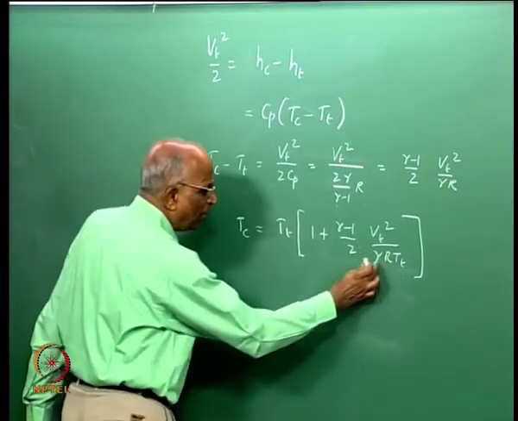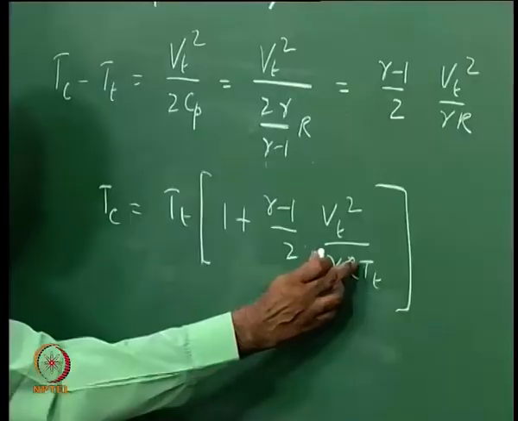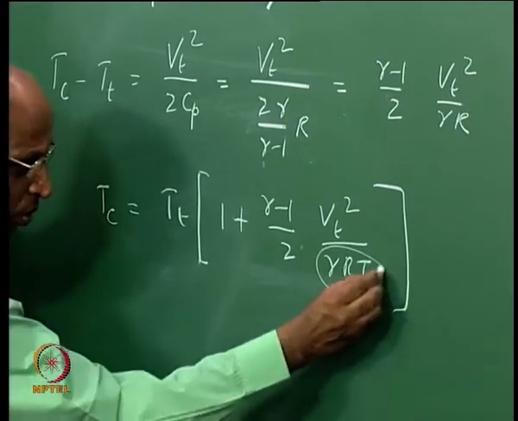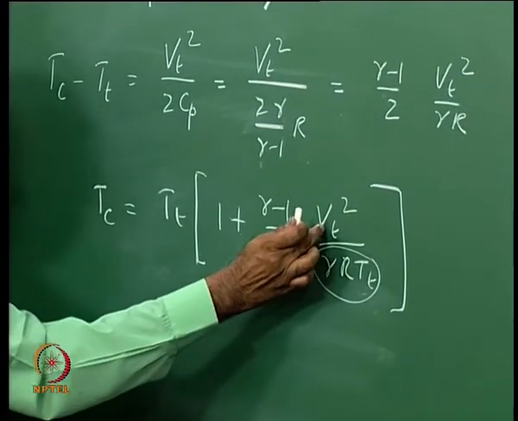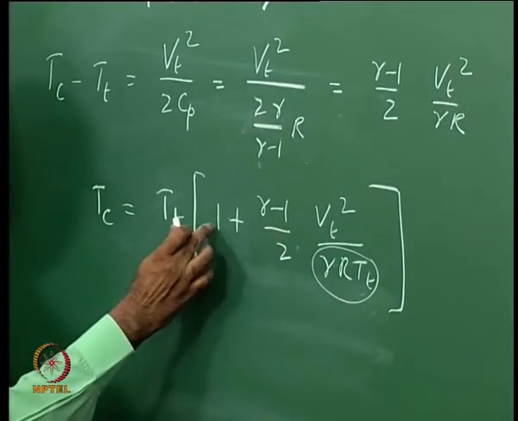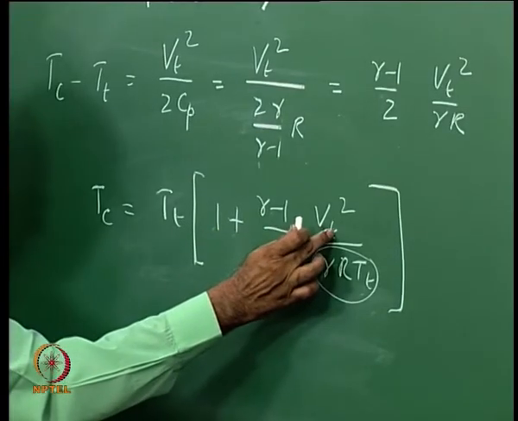And now I know gamma R Tt is the sound speed at the throat. Vt is also equal to the sound speed at the throat. Therefore, this is the Mach number square, and I get 1 plus gamma minus 1 by 2 into Mach number square.